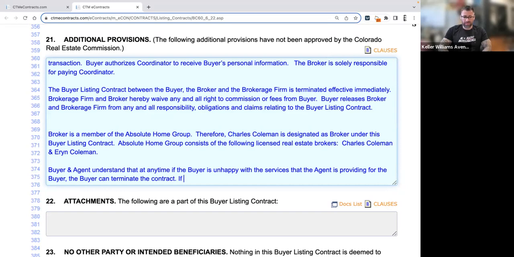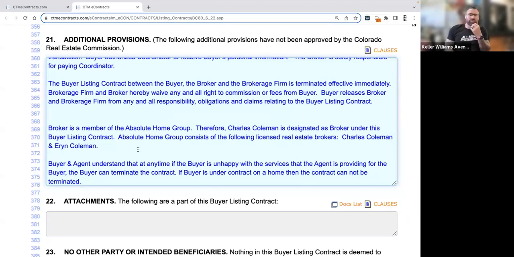If the buyer is under contract on a home, then this contract cannot be terminated. So you can put a provision in like that, right?